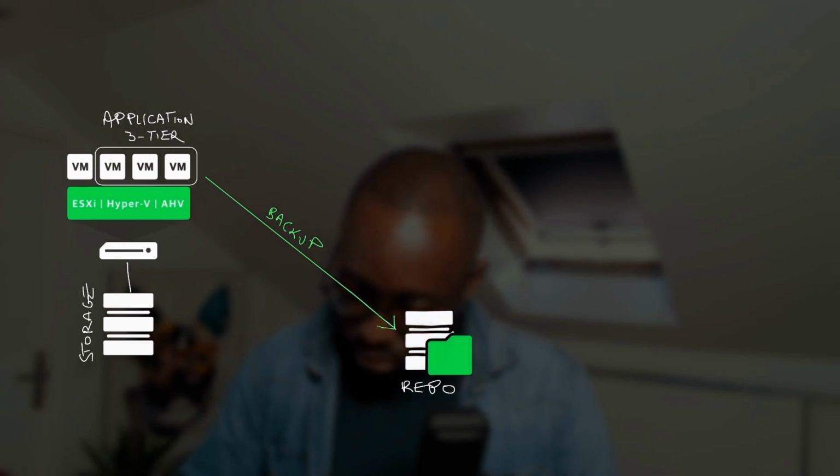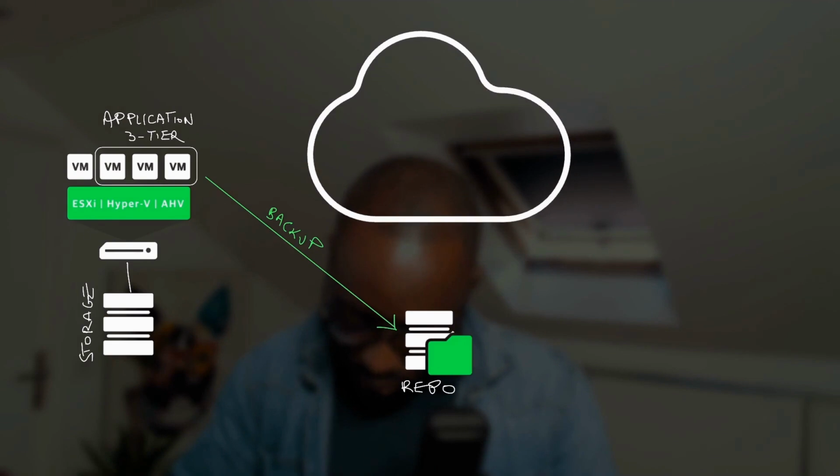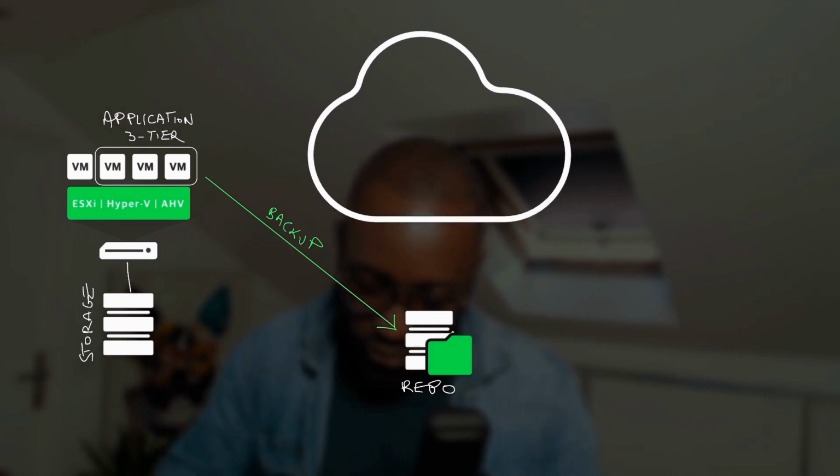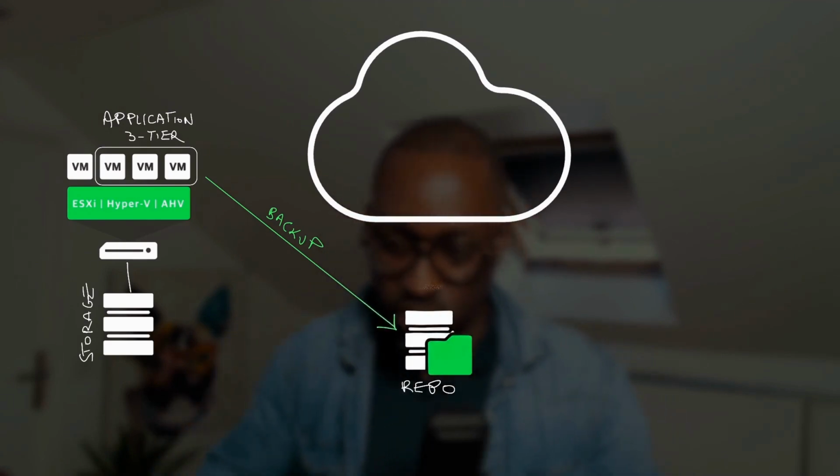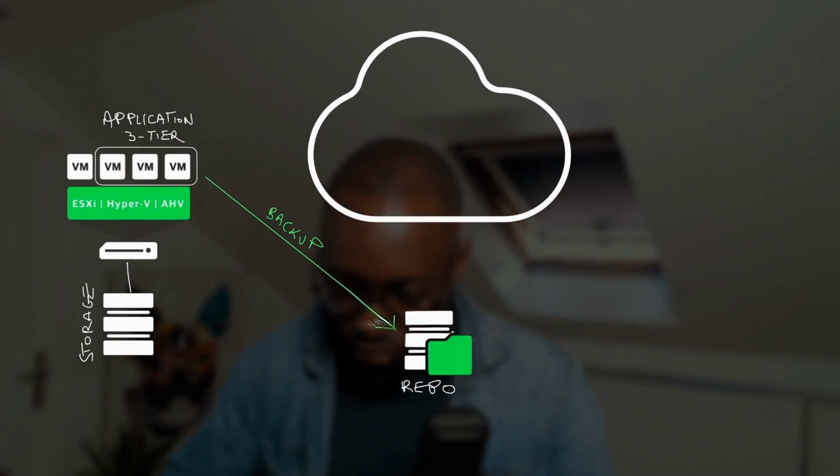So the principle is that when we trigger this restoration test, what will happen? First, initially, we will have the creation of an isolated environment. An isolated environment, which we will detail later, will show how this isolation is created.